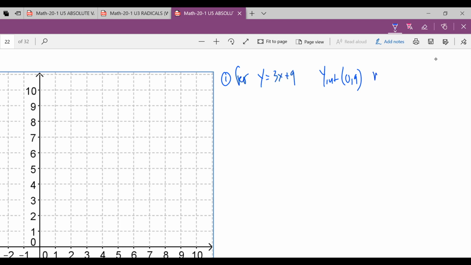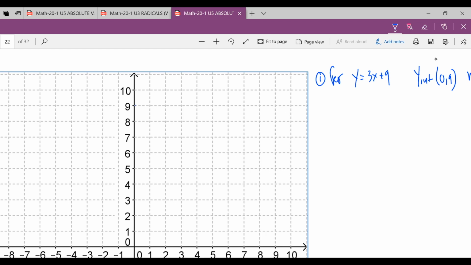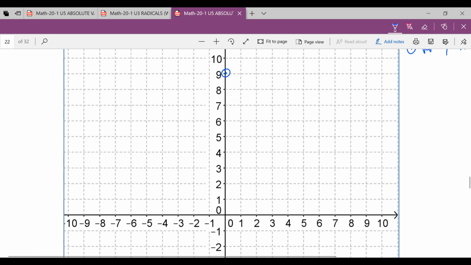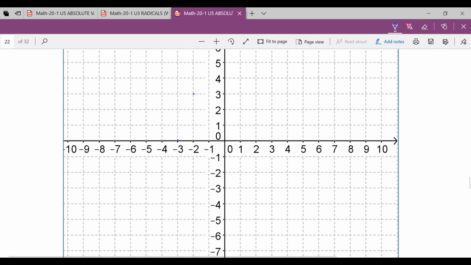And we know we have a slope of 3. You can just read those two things off because we are in slope-intercept form already. An intercept of 0, 9 and a positive slope of 3. So 1 over, 1, 2, 3 down. 1 over, 3 down, and all the way to the bottom here.